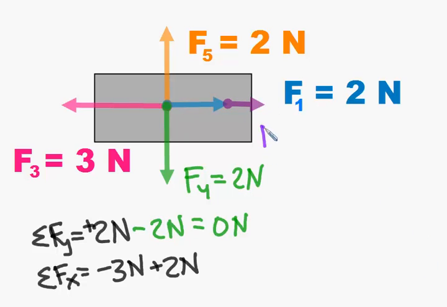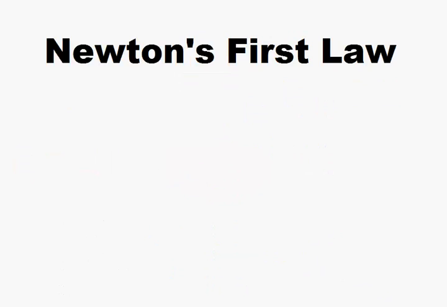We'll call that force 2. Since this is 3 and that is 2, this one's got to be 1 newton. So I just added 1 newton. And now it equals 0 newtons. All right, so now we have an object that's in equilibrium. Up and down, the forces are balanced. Left and right, the forces are balanced, so the net force is 0.